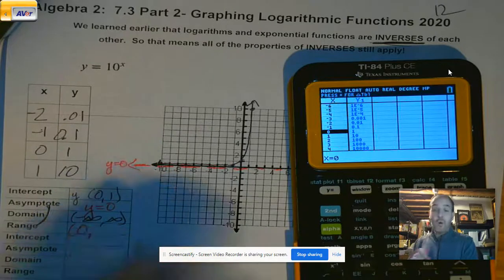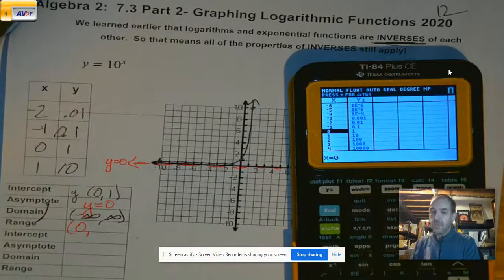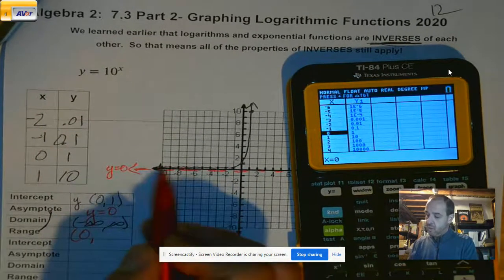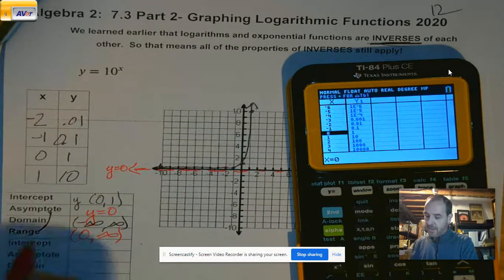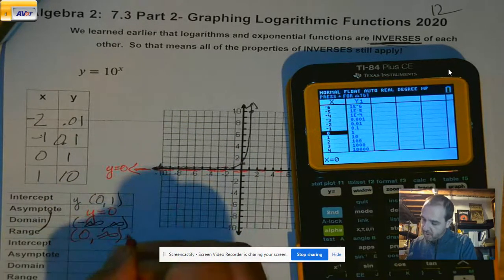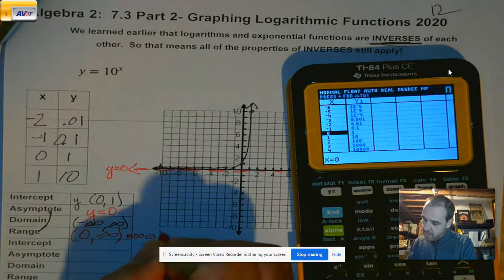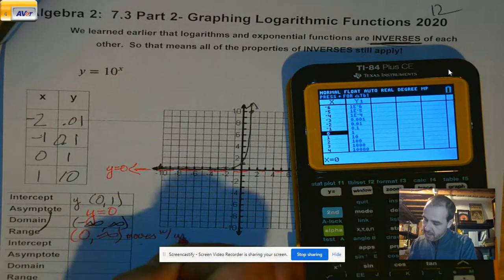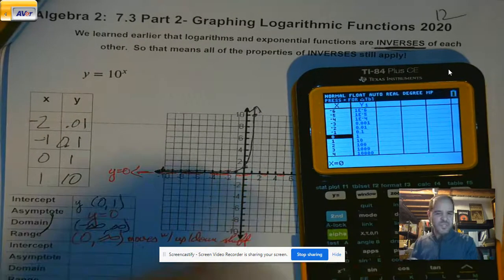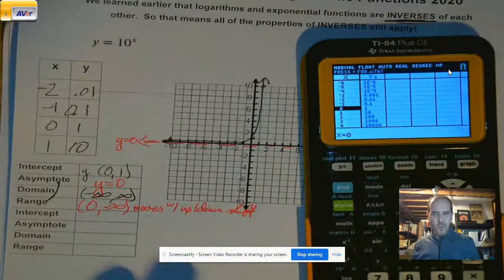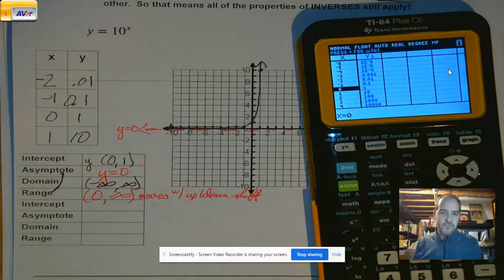So 0, parenthesis, because we never get to 0, but we get close, to positive infinity. And we're going to make a little note here on range: it moves with an up or a down shift. We'll get to the shifts in a little bit.